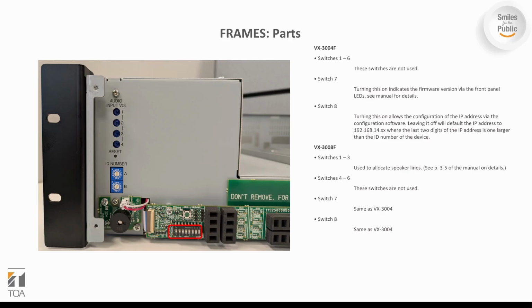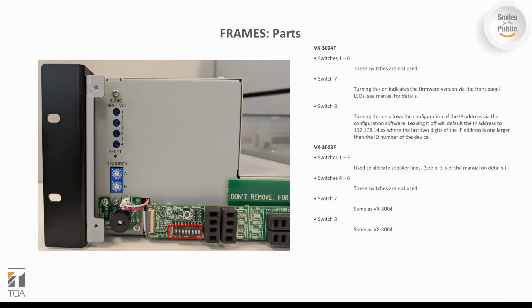Switch number 8, if turned on, allows the configuration of the IP address via the configuration software. Leaving it off will default the IP address to 192.168.14.xx, where the last 2 digits of the IP address are 1 larger than the ID number of the device.